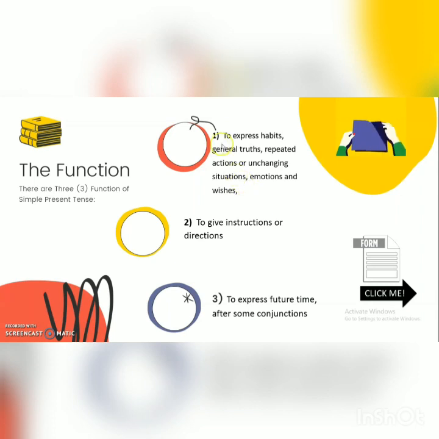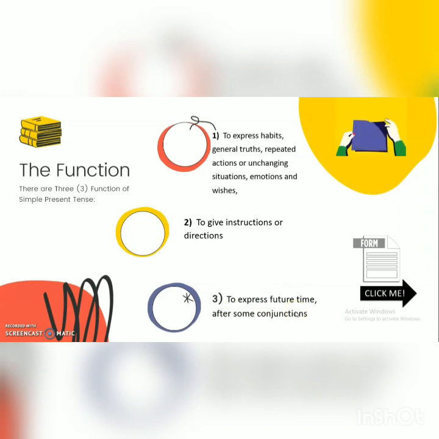The first function is to express habits, general truths, repeated actions, or changing situations, emotions, and wishes. The second is to give instructions or directions. And the last, the third function, is to express future time or after some conjunctions.